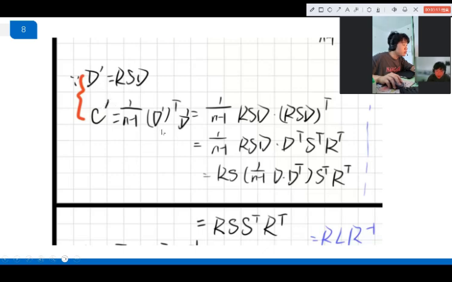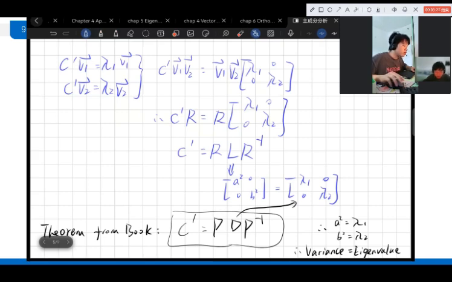Combining these two formulas, we could get C prime equals R S S transposed R transposed. And back to the definition of eigenvalue and eigenvector, we could write these two formulas and combine them into this form. We let these vectors be a matrix R, and so we could get C prime equals R L R inverse.